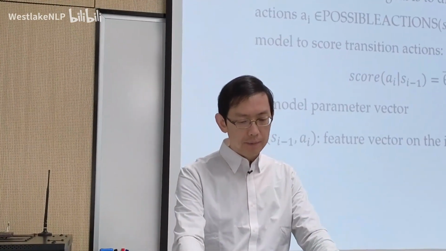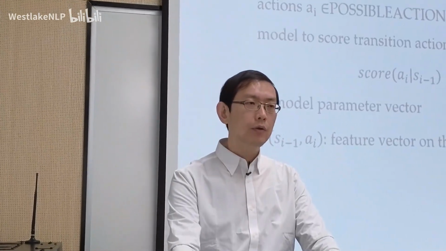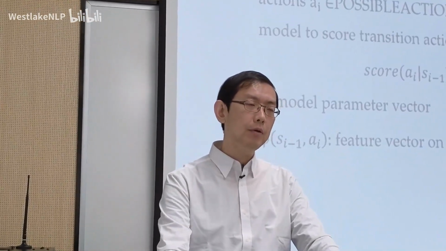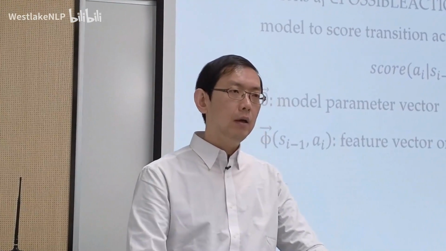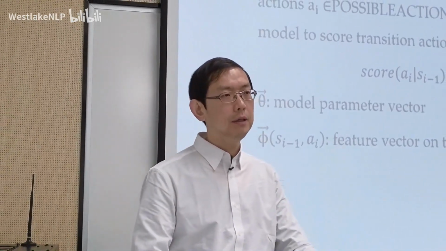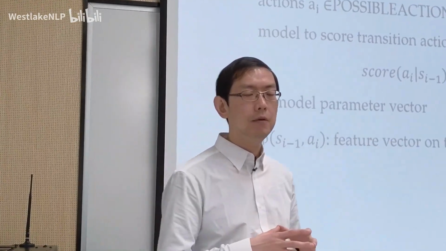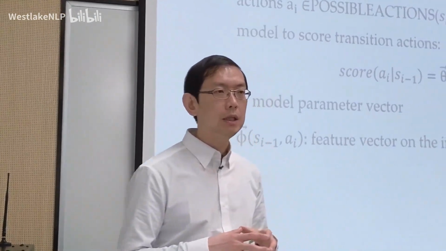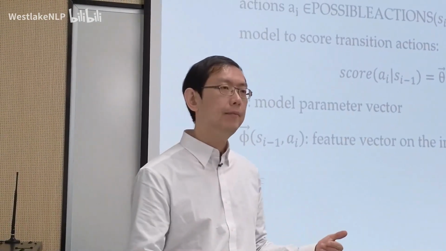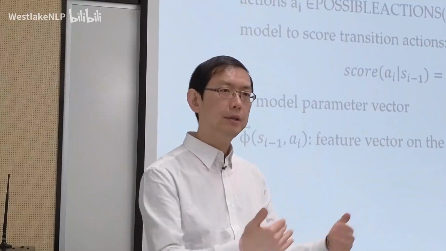How do we score the next action given a state? Of course, we can find different ways to parameterize the model. But here in this chapter, let's consider a simple discriminative model, because the parameterization technique is simple. We just extract features from the state and action pair to model this.